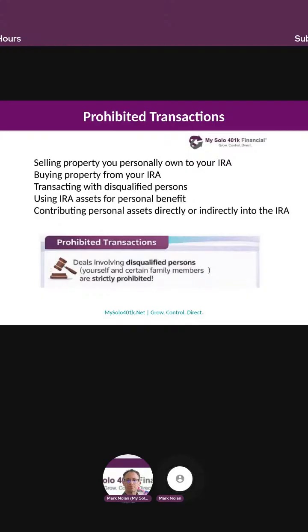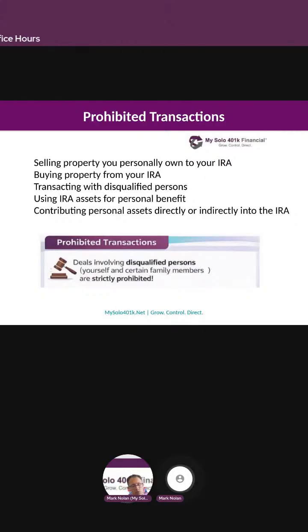So let's talk about prohibited transactions in a self-directed IRA. In addition to prohibited assets or disqualified investments, disallowed investments in a self-directed IRA, the IRS also prohibits certain transactions between the IRA and disqualified persons. These types of prohibited transactions typically apply to a solo 401k plan as well.